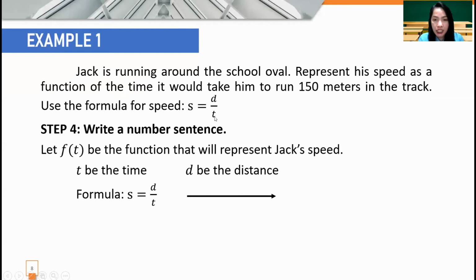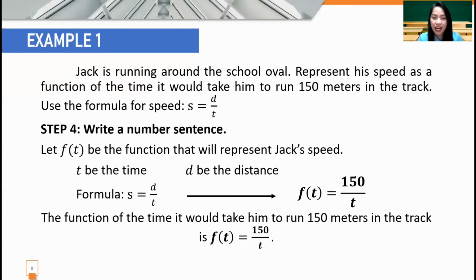So that would be f of t equals 150 all over t. That is the function of the time it would take him to run 150 meters in the track. Ito na yung pwede mong magamit na function or formula kung meron ka ng given for the value of t.